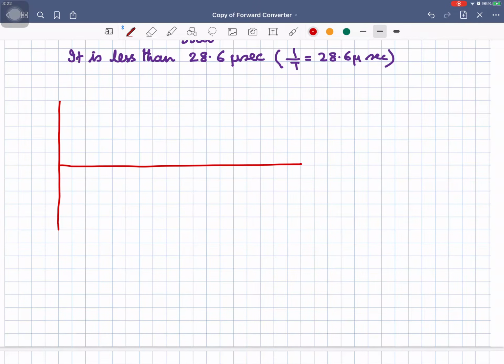So, when we are going to turn on the switch, the current will be increasing up to this interval, up to this time, that is DT, where D is the duty cycle, and when we are going to turn off our switch, now the current is going to decay and finally it will reach to the same value from where it started at time t is equal to 0.